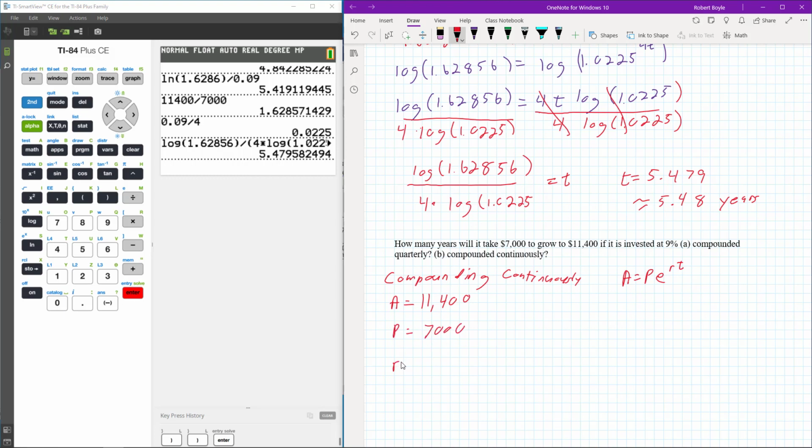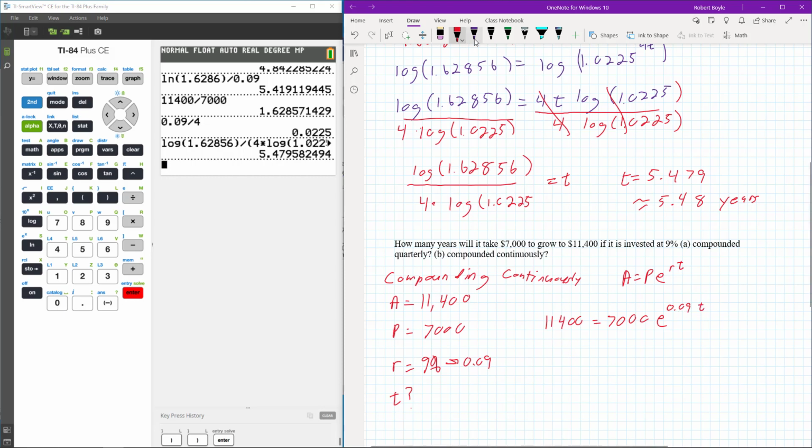And once again, we know what r is. r is 9%, which maps to 0.09. And once again, we are trying to figure out what t is. Well, we can go ahead and make our substitutions, and if we do, we are going to have $11,400 is equal to $7,000 times e to the 0.09t.